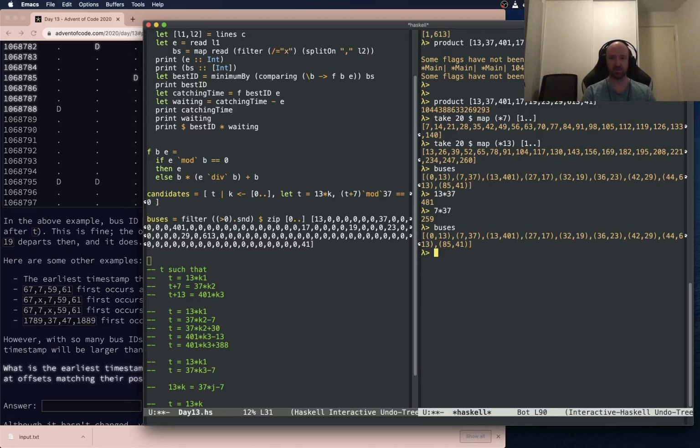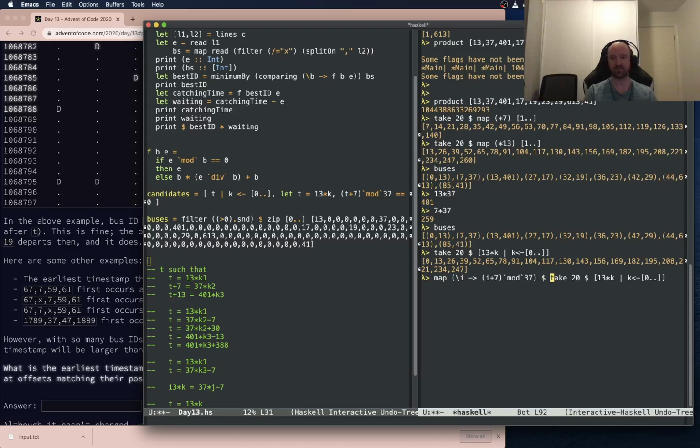Because if you look at the multiples of 13, right, and then for each of those, take I plus 7, mod 37, this is going to cycle, right?